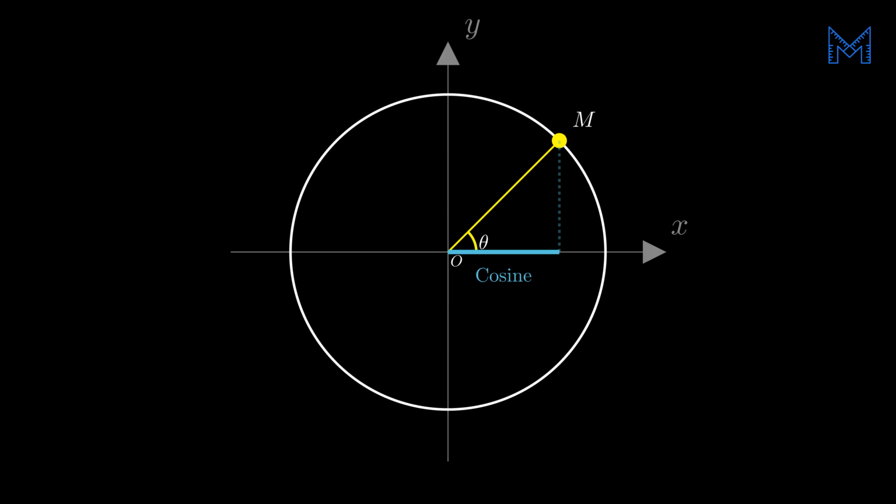In the same way, the sine represents the projection of point M onto the vertical axis. This projection is also limited by the radius. Therefore, the sine can never be greater than 1, nor can it be less than -1 when the projection is on the negative side. Let us now look at a few examples to better understand this.